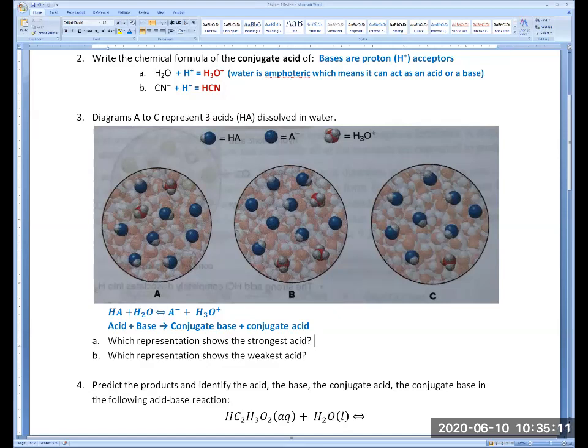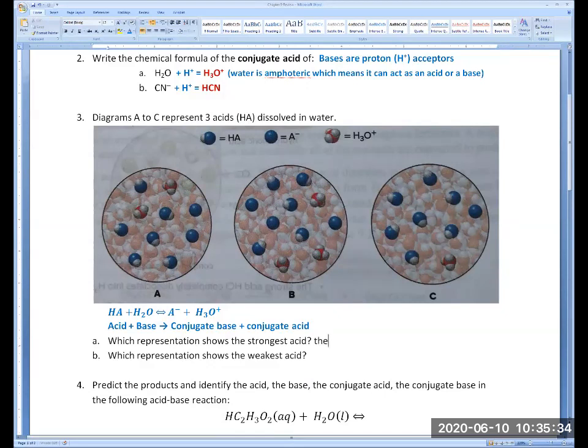Yes. So the stronger acid is the one that would completely dissociate. Here we don't have an example of completely dissociated. This is not completely dissociated even in diagram B. It's only partially dissociated. But the strongest of the three is B because it's more dissociated than the others.